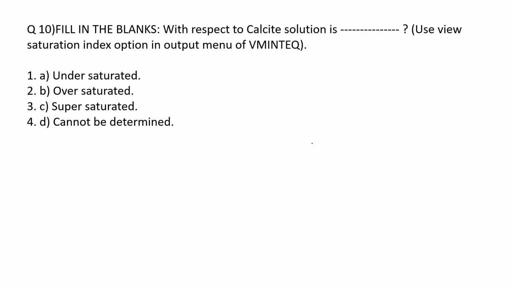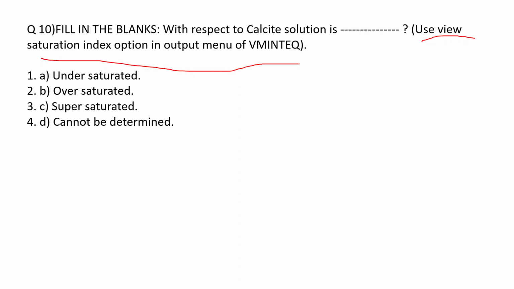Coming to the last question, fill in the blanks: with respect to calcite, the solution is question mark. This is a connected question, right? How to do this question is also given here: use the view saturation index option in the output menu of Visual MINTEQ.